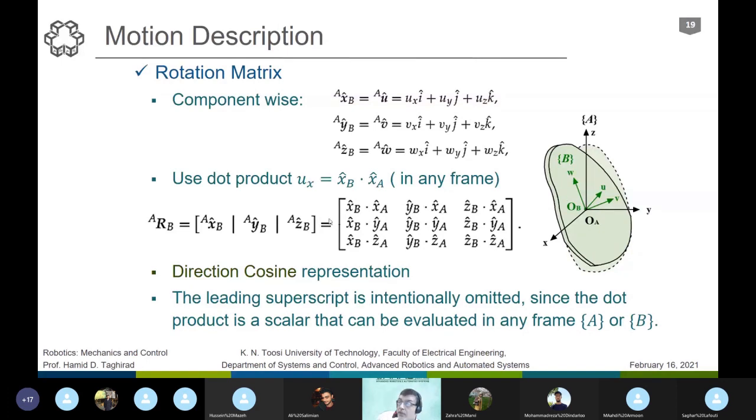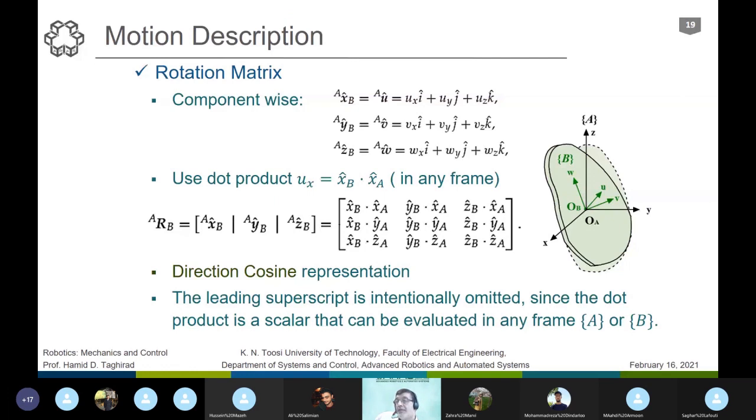So these are the cosines of the angles between u and x, u and y, and u and z. And also the other components are the angles of v with x, y, and z, and w with x, y, and z. In many references they call this representation the direction cosine representation, but we call it a rotation matrix.